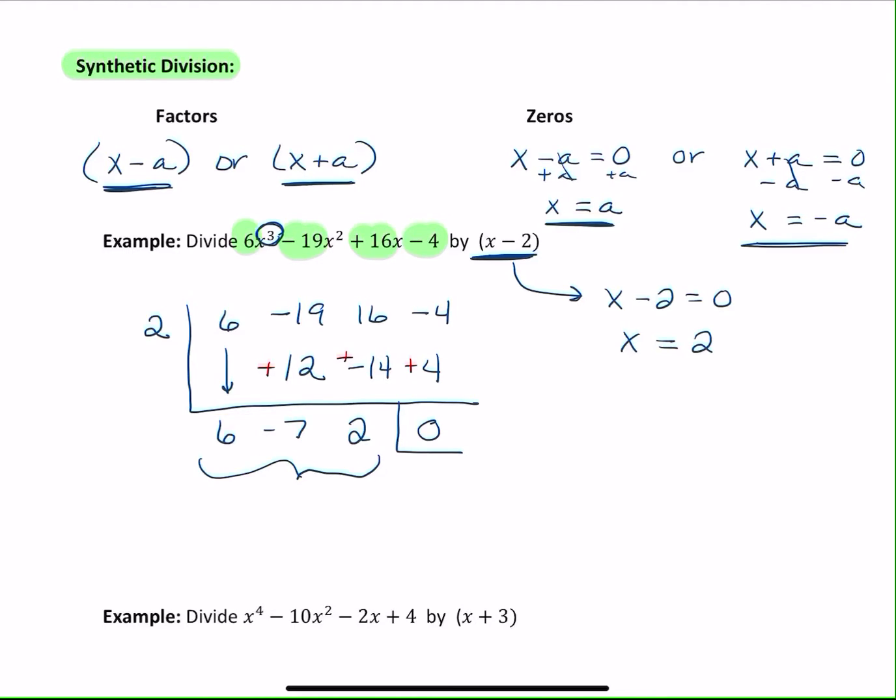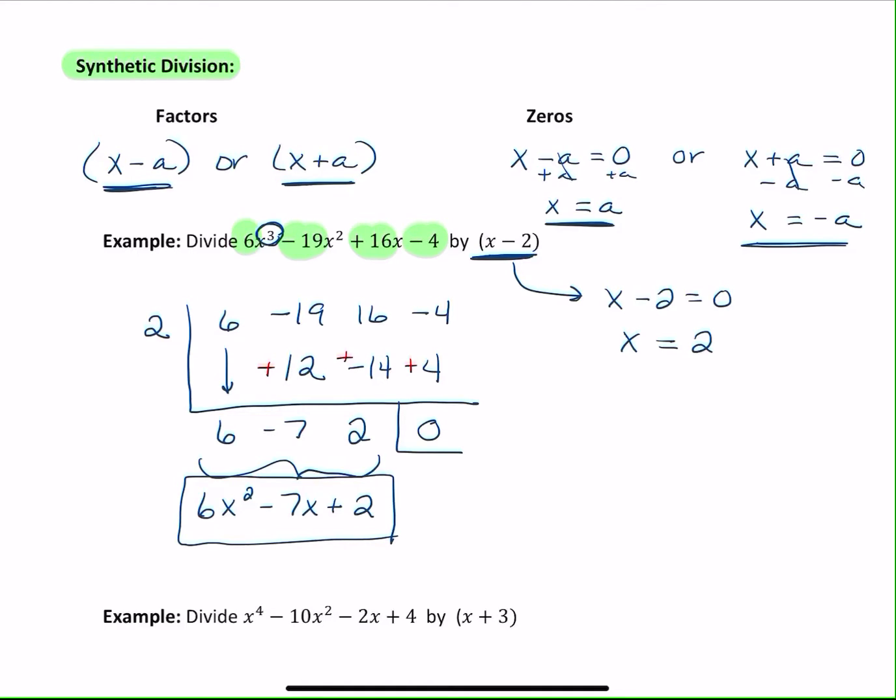So my answer is going to be 6x squared minus 7x plus 2. And that's because I started with a third degree and took out a linear factor. Now notice my remainder is 0, so I'm not adding or subtracting anything. So this is my quotient or my answer when I've factored out an x minus 2.